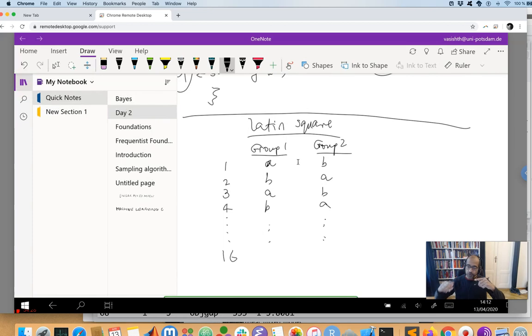What I have now is two groups of items, and each group contains only one version of each item. There are 16 items, and that means that in group 1, I will have 8 versions of subject relatives and 8 versions of object relatives. But each item will have only one instance in that group. And the same thing holds in group 2.